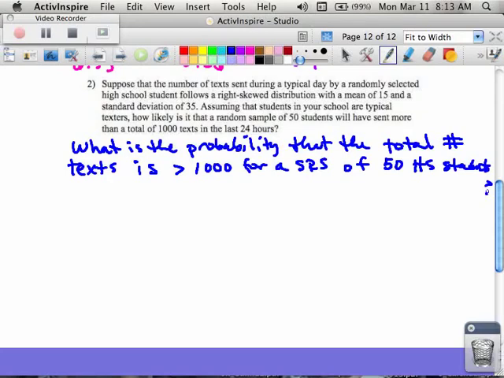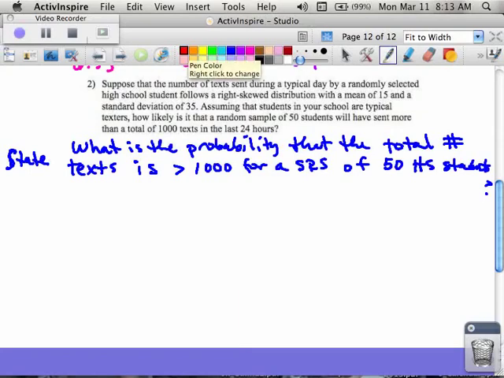Okay, so we want to find the probability that the total number of texts is going to be more than 1,000 for a simple random sample of 50 high school students. That's our state step.